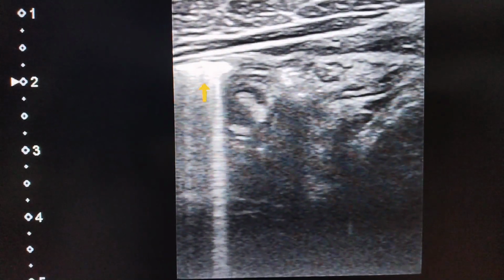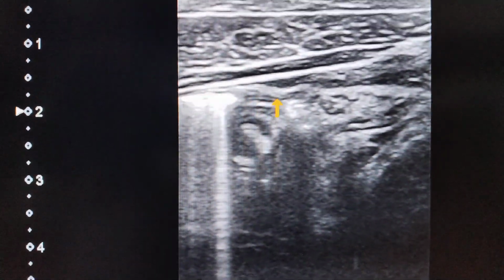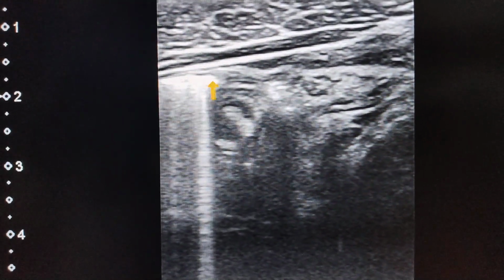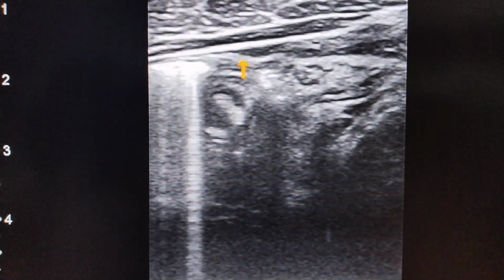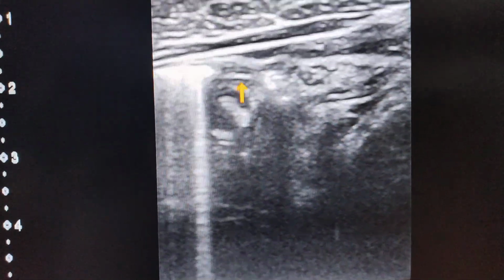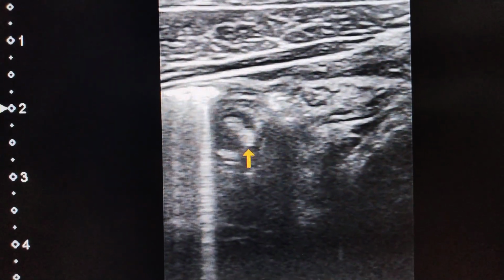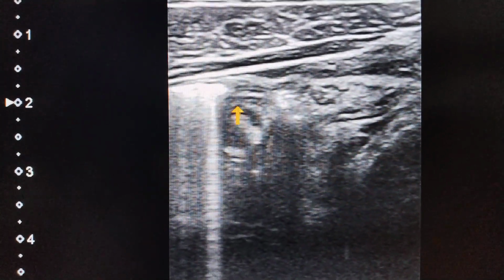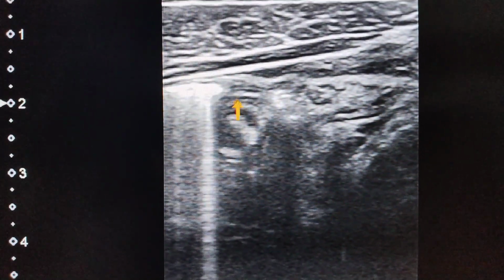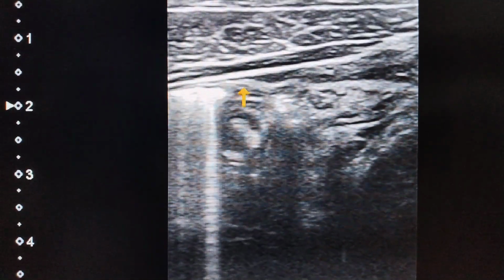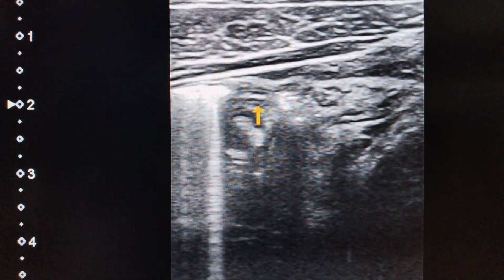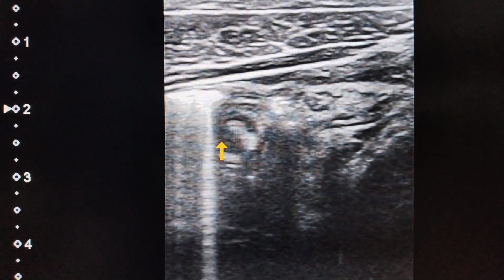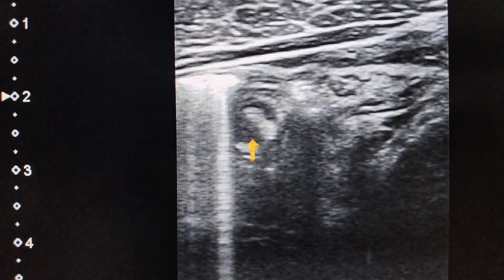This is the cecum, this is the small bowel, this ileum which is attached to the cecum, the terminal ileum, and this one is the appendix. So it is inflamed at its look. Walls are thickened, and the lumen is filled with debris and echogenic material.